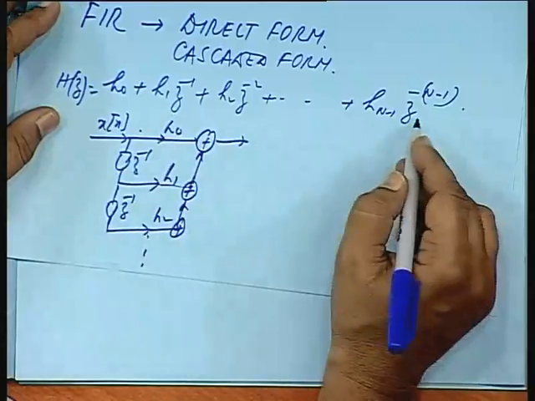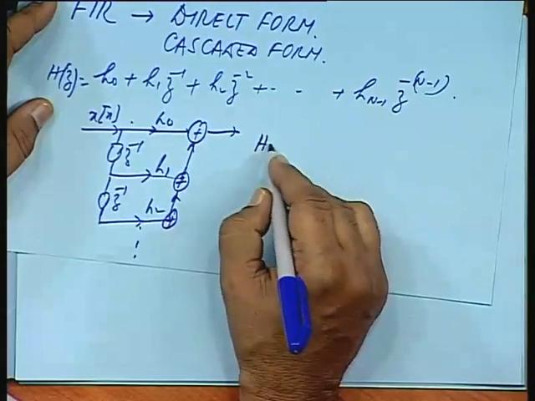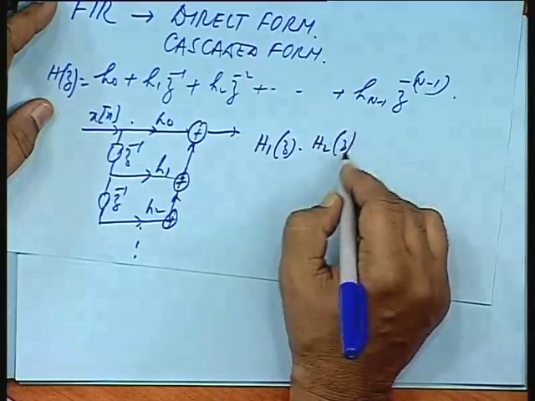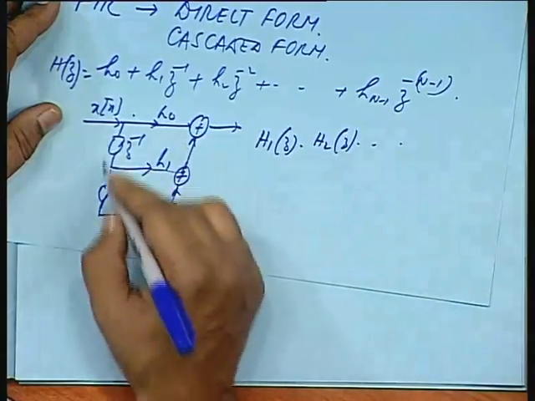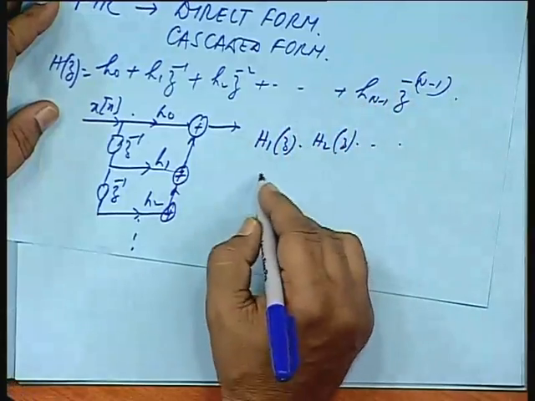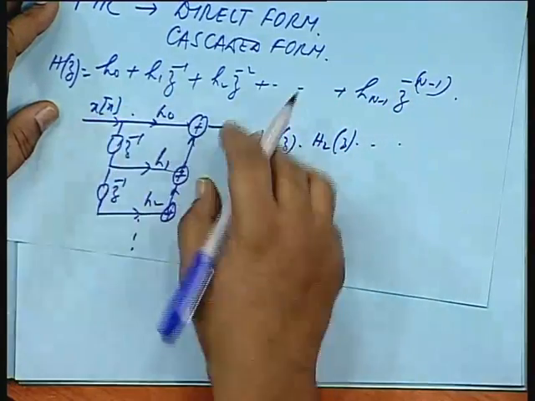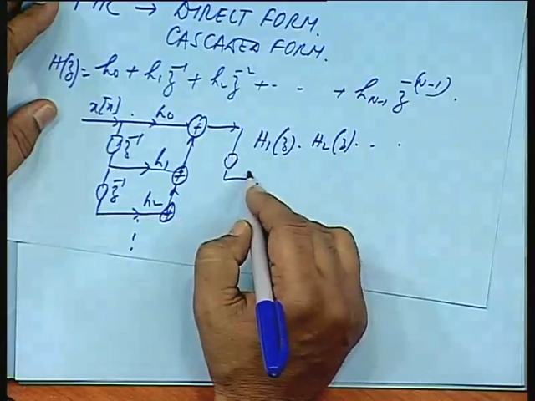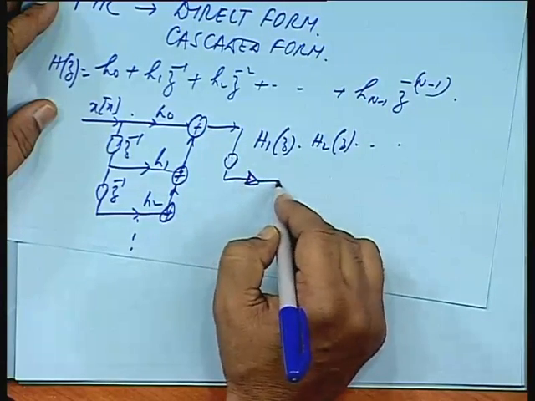If I factorize it in the form of H1 Z into H2 Z and so on, then I can have, say, quadratic factors. Then I will have structures like this, again in this form.